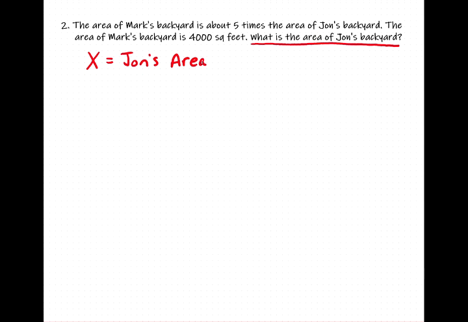And now we have to set up the problem. So in this sentence, the area of Mark's backyard is about 5 times the area of John's backyard. Okay, very similar to the last problem. Again, patterns. The same thing that happens in many, many different problems. Here's the word is. There's our equal sign. Here's the word of.